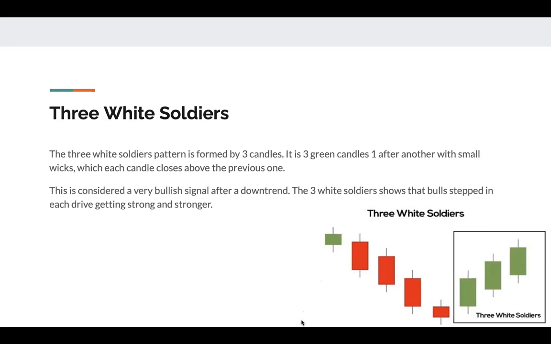Do they have to be small candles? Generally, yes. You want these to be small candles. Because if you have too big of candles, it's gonna be a lot harder for them to work. When this pattern is formed, you won't really see any huge candles. You would normally just see short candles. That's kind of how they set this pattern up.